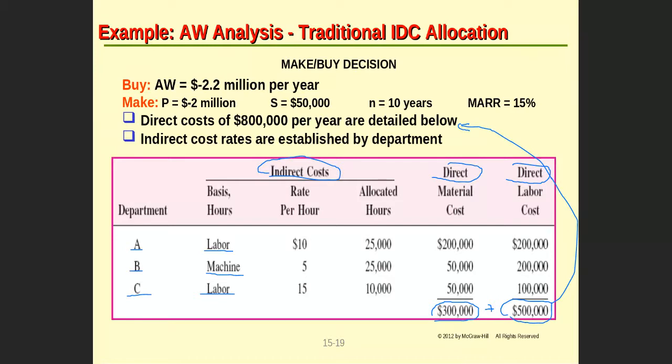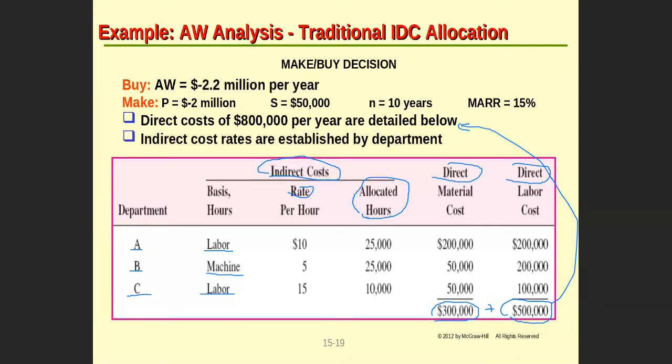And he gives you the rate and gives you the basis count. In this case, it is the hours for the machine and for the labor, those are considered to be the basis.